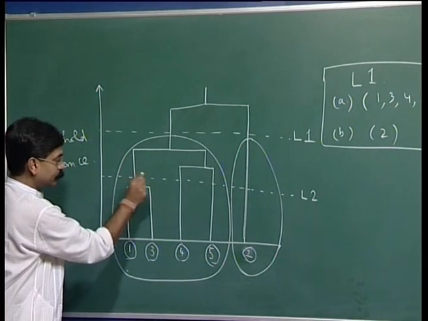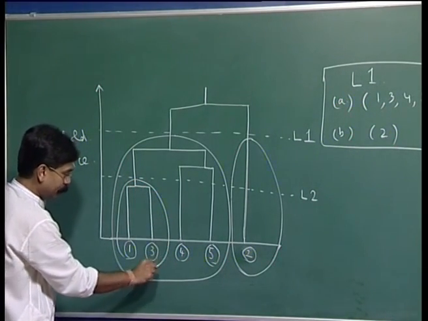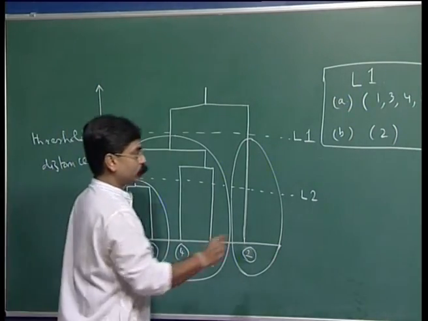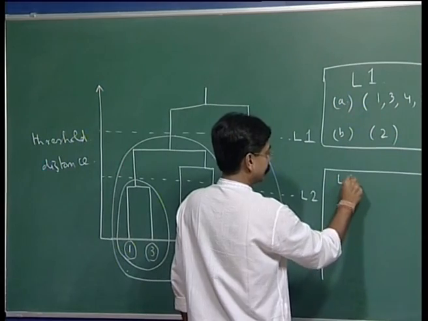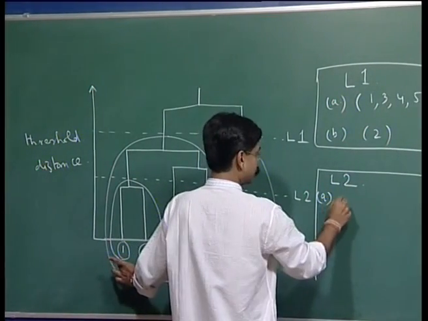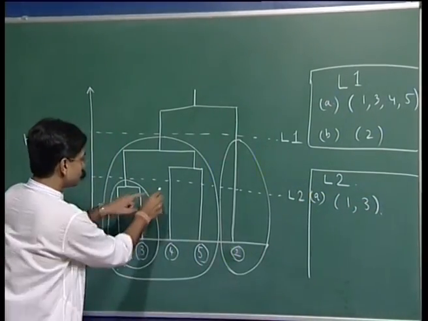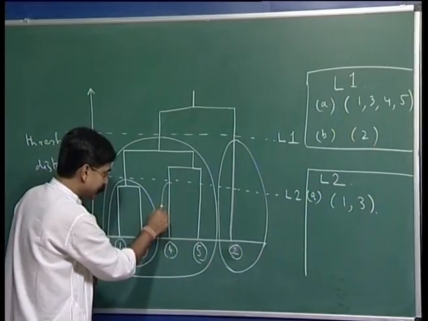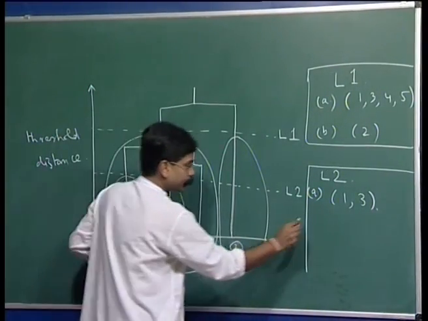Below this particular threshold distance line, we see that there is one branch coming out here, which is this one. So corresponding to now my L2 level of resolution, we will have the first sector to give us the two cases 1 and 3. Then we come down to the other point. This is a single branch here which is containing this case 4.